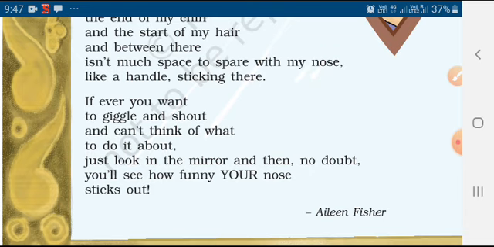If you are smiling or crying, according to your facial expression, your nose will change its shape. So when you are smiling or crying, if you see your nose, you will find that it is very funny.